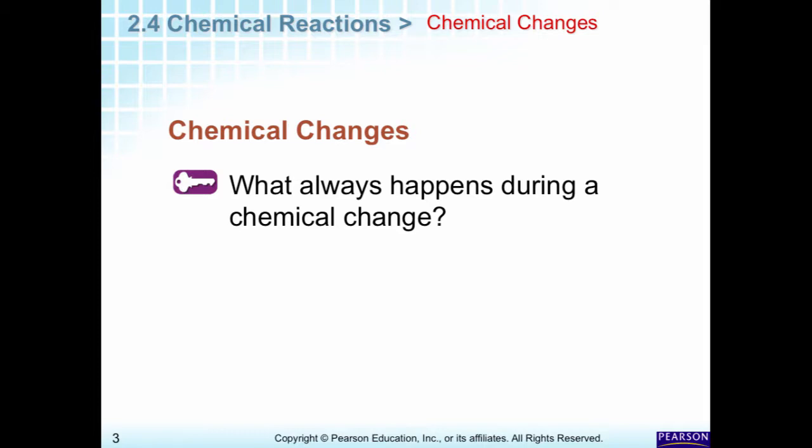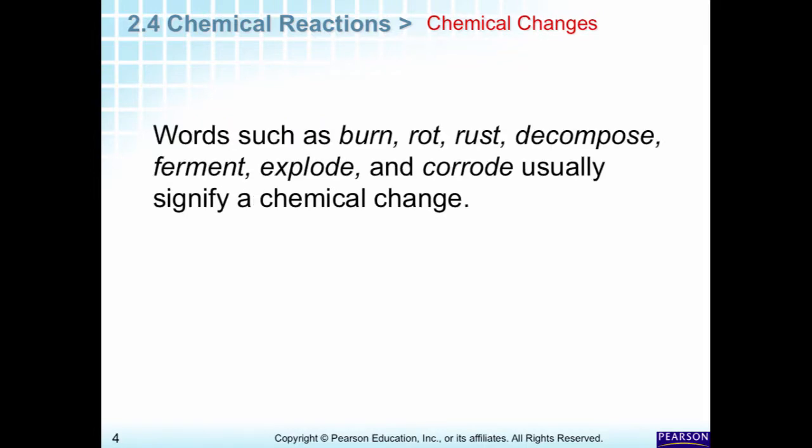What always happens during a chemical change? There's a change in the properties of the substances that we have been looking at. So there are key words we use when we are talking about if a chemical change has occurred.